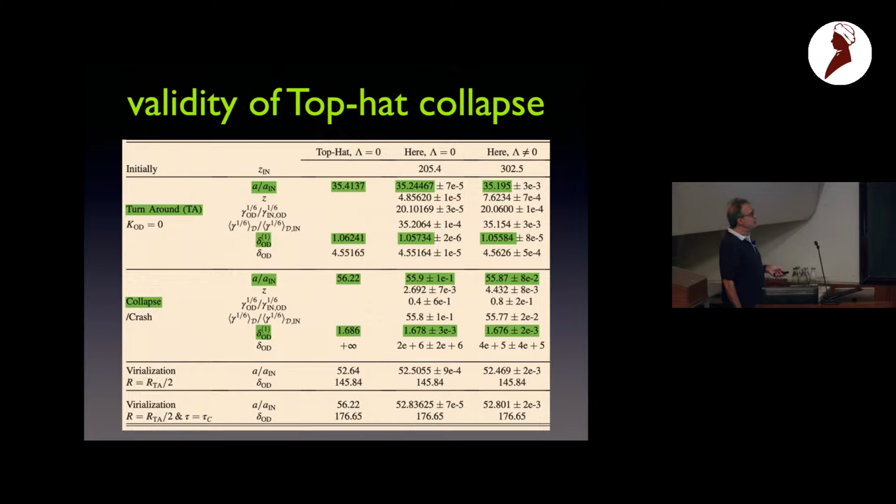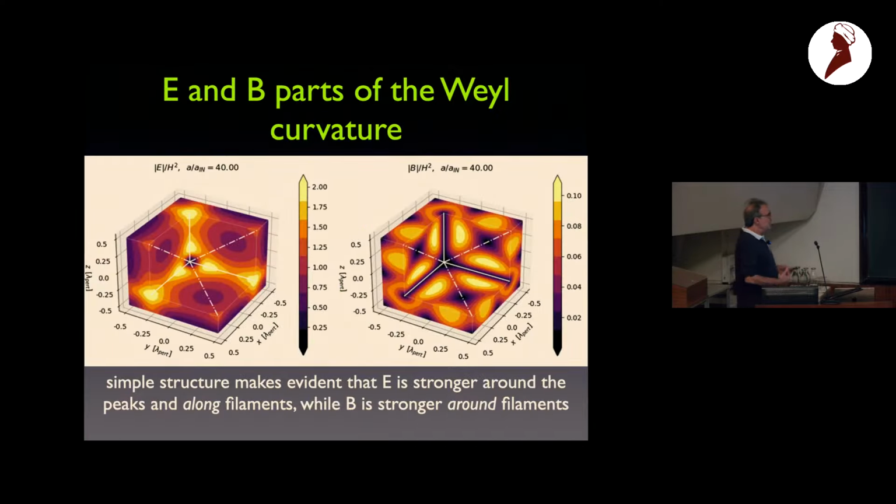So we found anyway that at the peak, the tides become completely irrelevant, and the peak evolves precisely as a top hat. That's what we found. In the process, we also computed, and this is full GR. Remember, all this was done in synchronous comoving gauge, but you want to extract nonlinear invariants, and in particular we wanted to construct the electric and magnetic part of the Weyl tensor, and this is the plot.